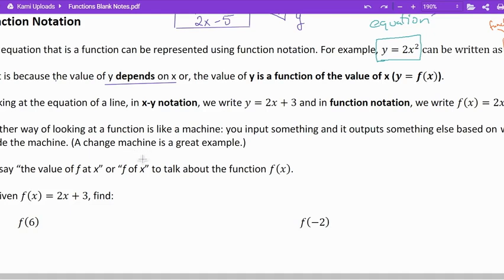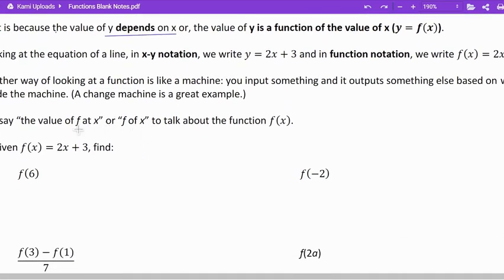Let's say the value of f at x, or f of x. So far I've mentioned f of x, but we could also use the terminology the value of f, the value of the function at x.